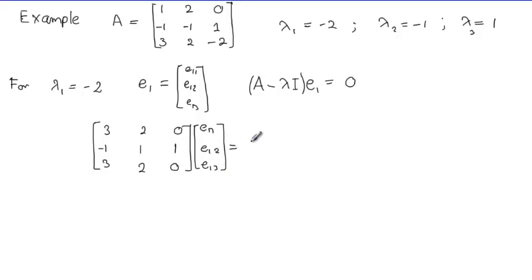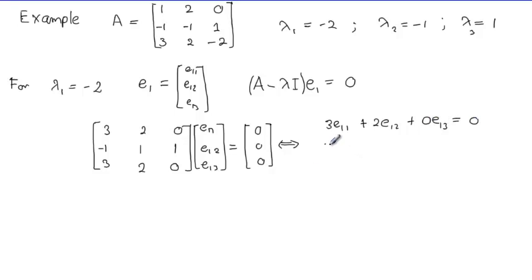Then this is equal to the 0 vector in R3, 0, 0, 0, and this is equivalent to a linear system of equations, which is going to be 3E11 plus 2E12 plus 0E13 equals 0. I'm just writing that for completeness so you can see what happens.